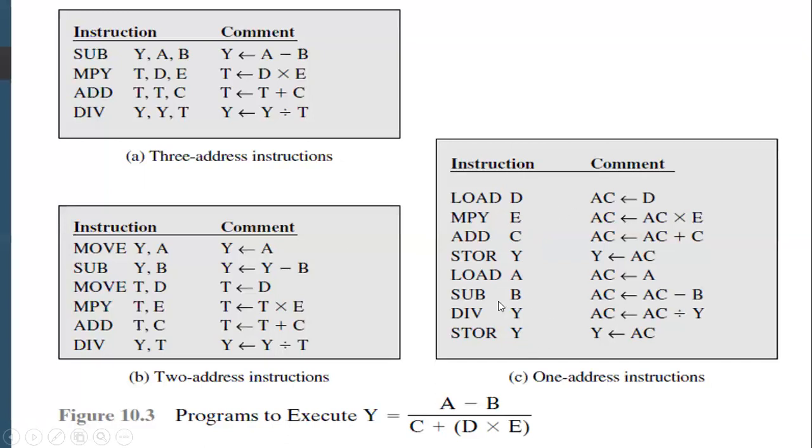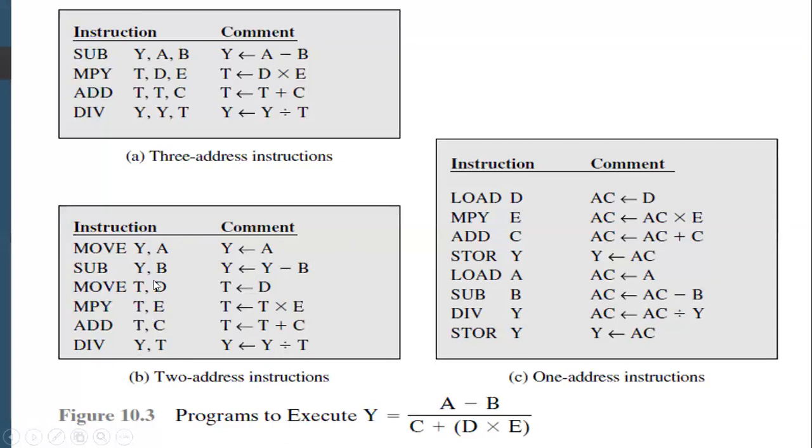Now let's go to two address instructions. Look at the instructions. Move y and a, that means move contents of a into y. Here we are not going to use only one processor register.